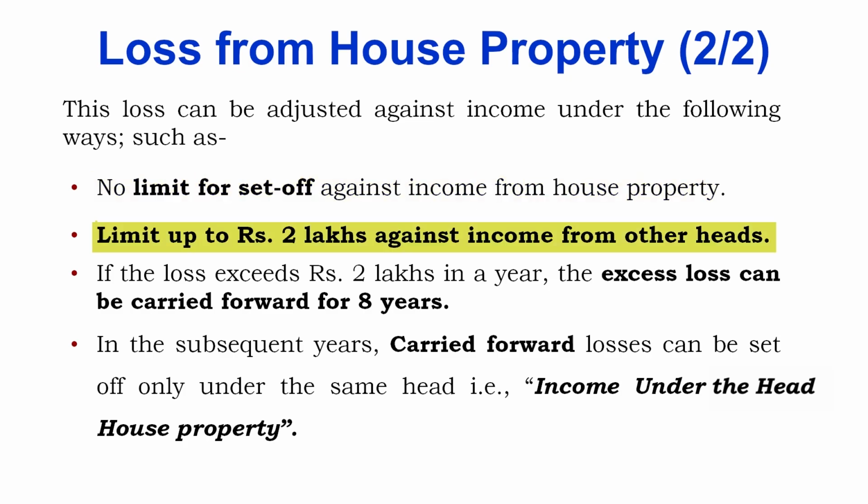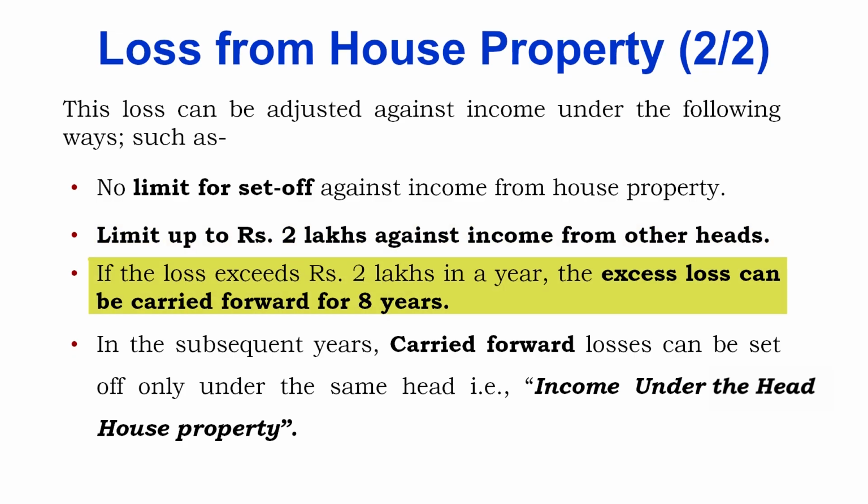There is a limit of up to rupees 2 lakhs against income from other heads. If the loss exceeds rupees 2 lakhs in a year, the excess loss can be carried forward for 8 years.